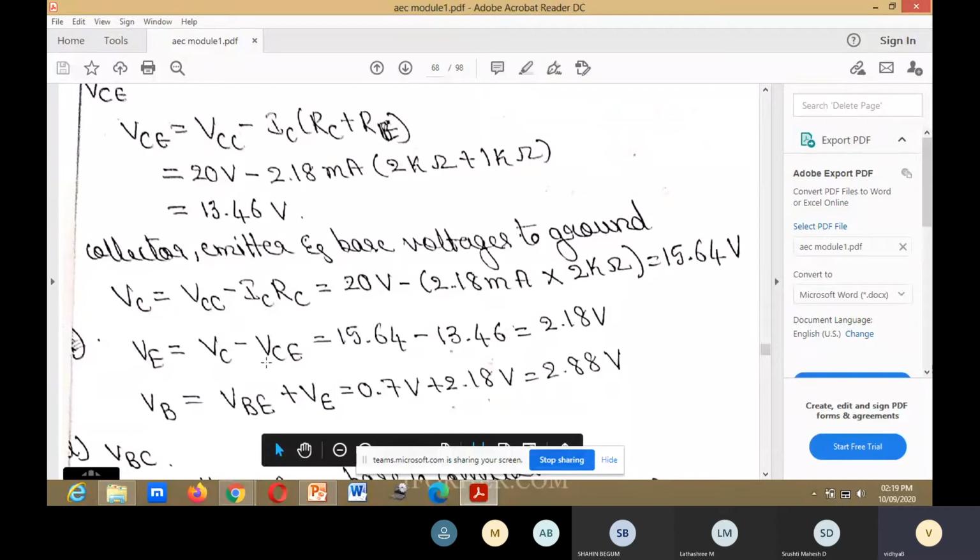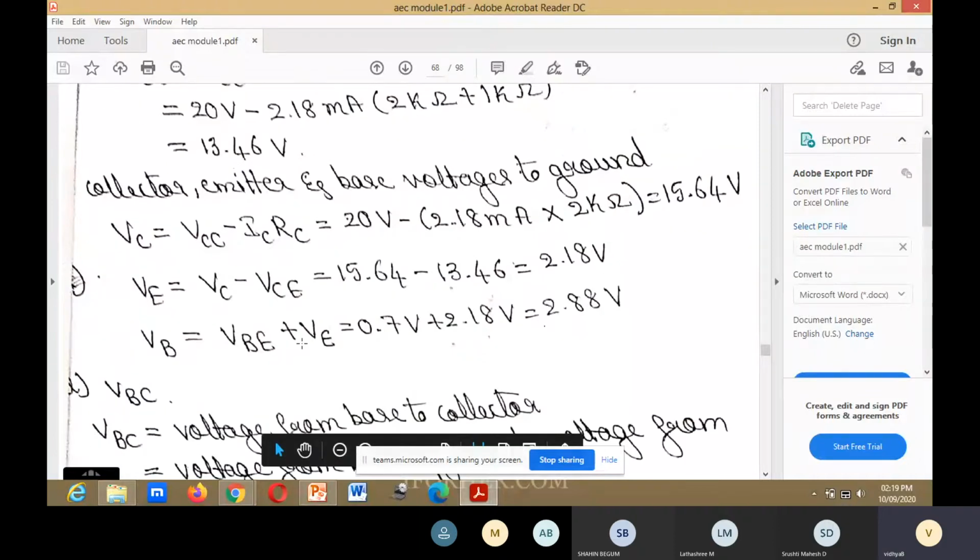VE is equal to VC minus VCE. How I have written, VCE is equal to VC minus VE. From that equation we want VE. VE is equal to VC minus VCE, that is 15.64 minus 13.46, you'll get 2.18 volts.